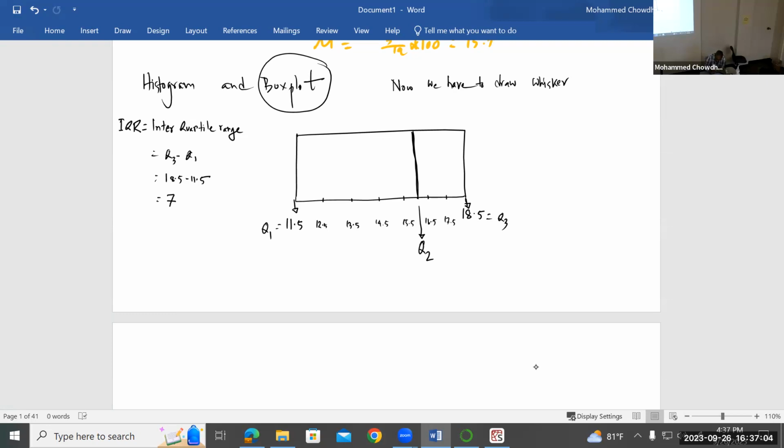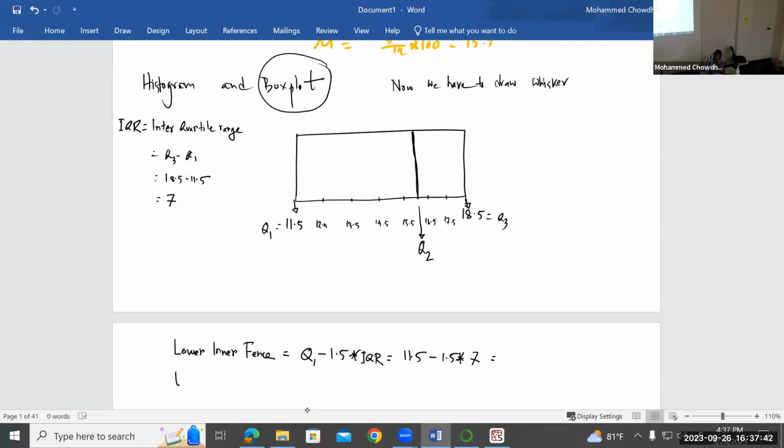Now we have to compute the lower inner fence. Lower inner fence, how can you compute this? Q1 minus 1.5 times IQR. So my Q1 equal to 11.5 minus 1.5 times 7. Can any one of you tell me what this is?